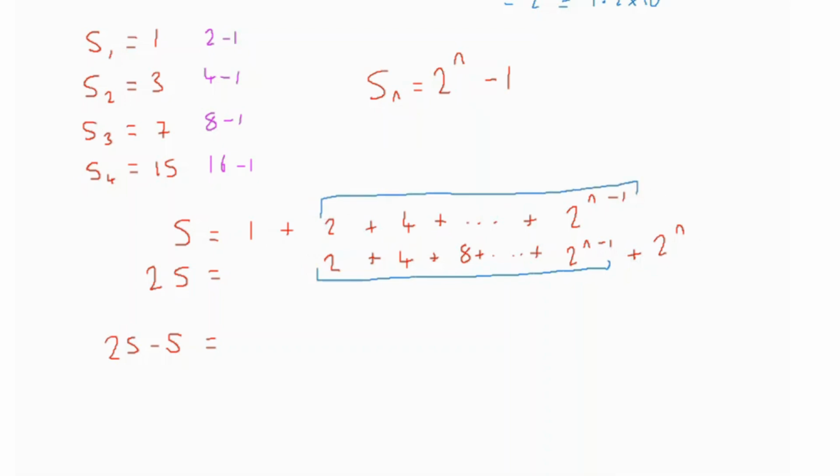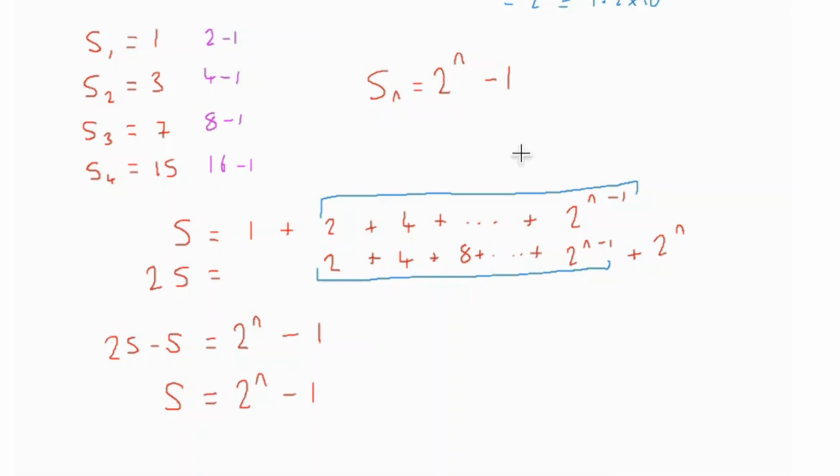So when we do the subtraction, all those terms are going to cancel out. So we just get left with 2 to the n in this one, and from the one above we have got to subtract 1. 2S minus S is just S, so we end up with S is equal to 2 to the n minus 1, showing the result that we conjectured.